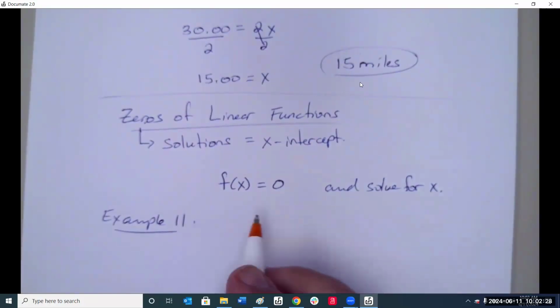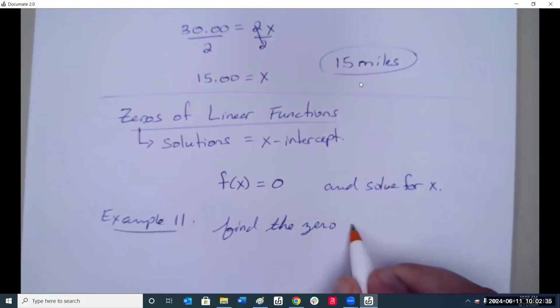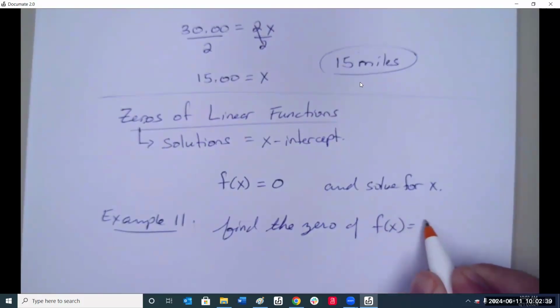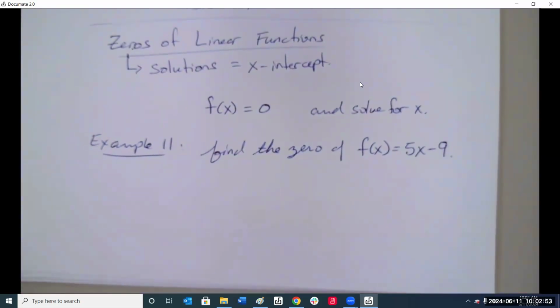Example 11 says find the 0 of the function f of x equals 5x minus 9. Find the 0.